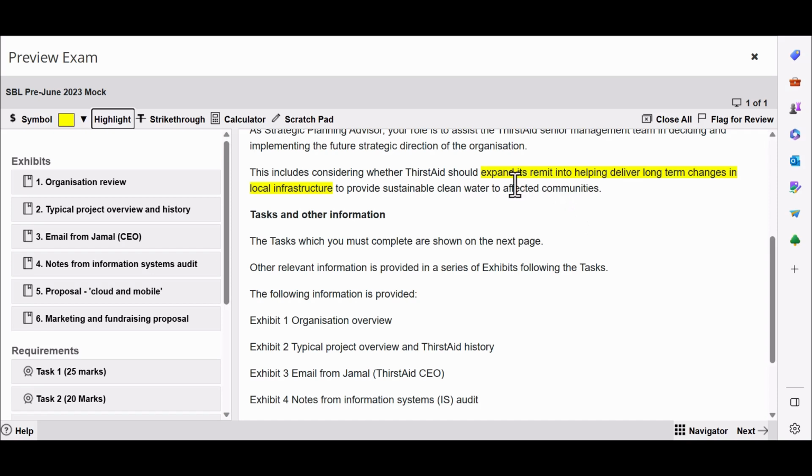It says, this includes considering whether Thursday should expand its remit into helping deliver long-term changes in local infrastructure. So now you know that they're thinking of doing something different, setting new objectives, and therefore that will need a strategy as well. So that's interesting.